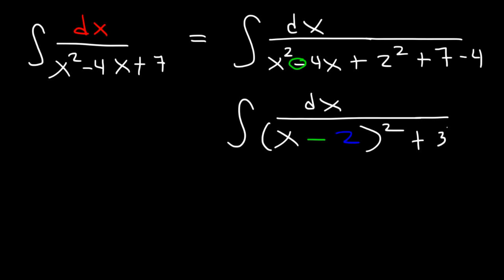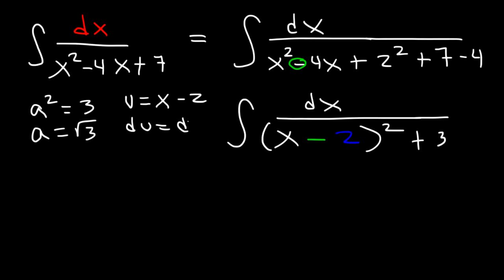Now notice that this expression is associated with the inverse or the arctan formula. So let's make a squared equal to 3. So a is the square root of 3. U is going to be x minus 2, which means du is equal to dx. So we're going to have du, and then x minus 2 squared is u squared, 3 is a squared.